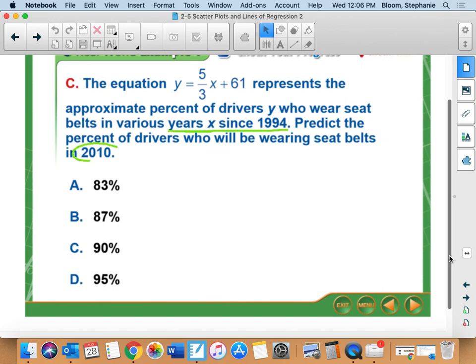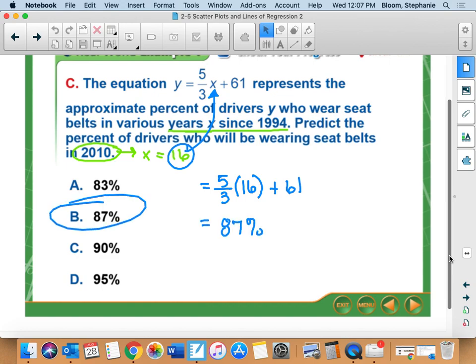So 2010 is my years, so that's my x, and 2010 would be 16 years since 1994. So I'm going to take this equation right here, and I'm going to take 16 and plug that in for x. So 5/3 times 16 plus 61, I'm going to get out 87%.